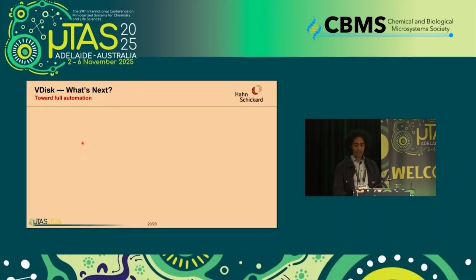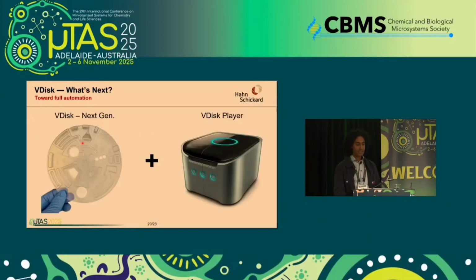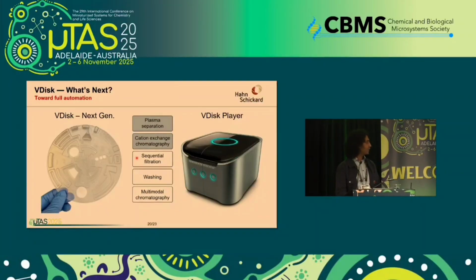So until now we showed that this can, with a high efficiency, remove the contaminants from the sample and purify EVs. We went one step further and developed this next generation of the VDisk, which not only integrates the sequential filtration, washing, and multimodal chromatography, which we already had on the previous version of the VDisk, but also we added the plasma separation and cation exchange chromatography on the disk. And as you can see here, all the resins required for the whole process are pre-stored on the platform.